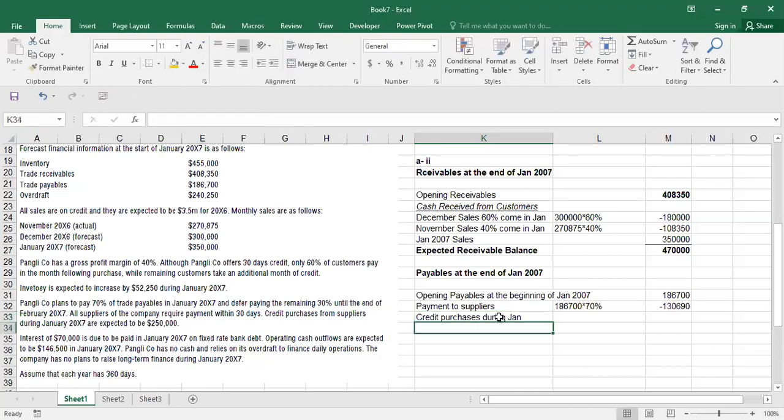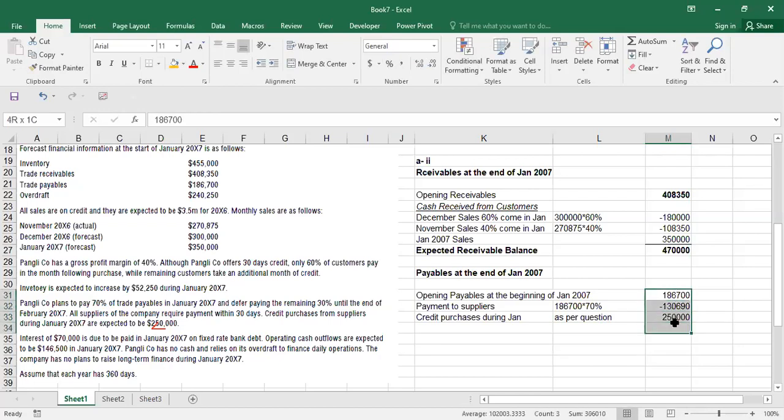because you will definitely make some purchases in January. So how much purchases you will make in January? So January forecast purchases are how much? Can somebody tell me this number? So credit purchases during January, yeah, it is given here. It says that it will be 250,000. So this is, as per the question, information you took from the question, 250,000.